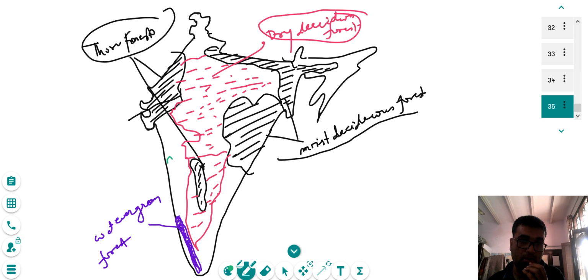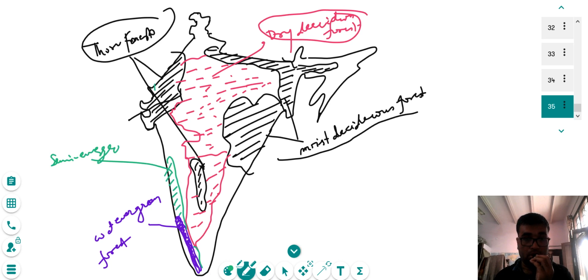Here you have the semi evergreen forest in the margins of this. These are the semi evergreen forests.